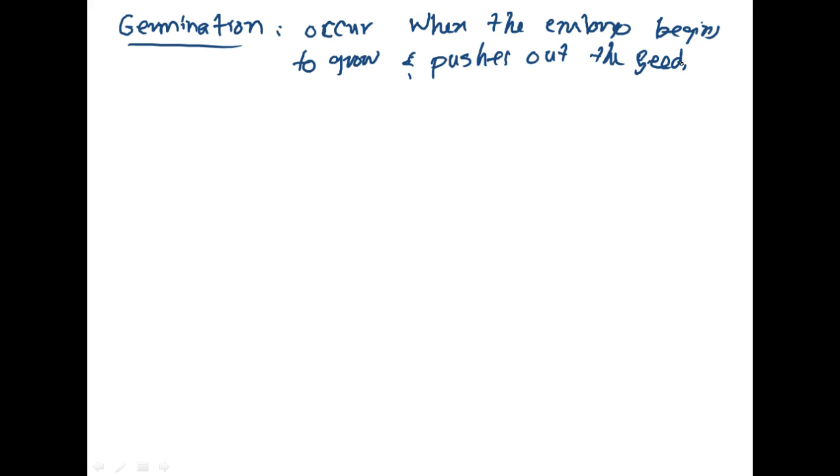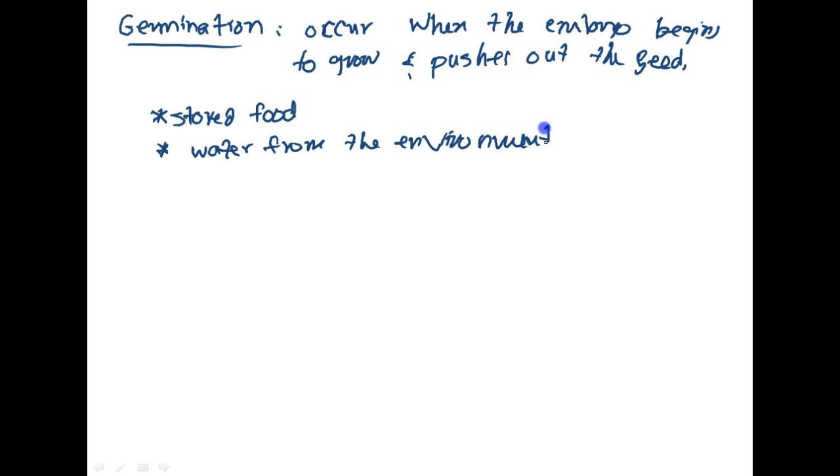Okay, so the embryo, which remember is the fertilized egg, now is going to begin to grow again, and it's going to push out the seed. And so that's what germination is. And it's going to use the stored food from the cotyledon, and it's also going to use water from the environment to help it begin to grow.